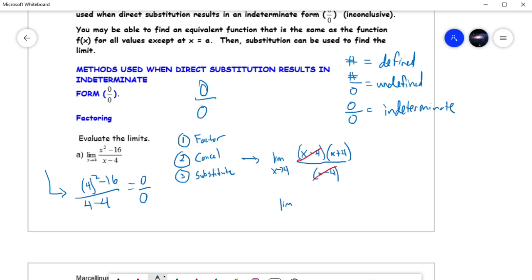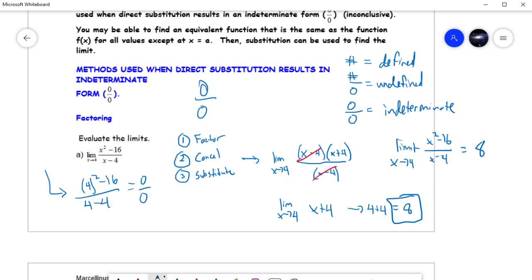And now I see that this limit is just x plus 4. And that's easy to do. I just plug it in. And now I can plug it in. Okay? So what does this tell me? The limit as x approaches 4 of x squared minus 16 over x minus 4 is equal to 8.